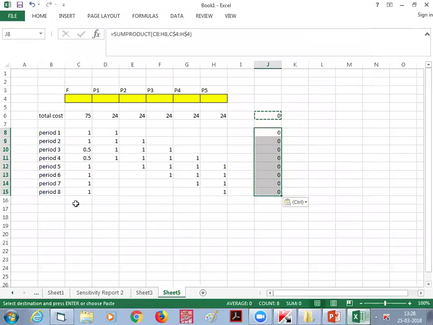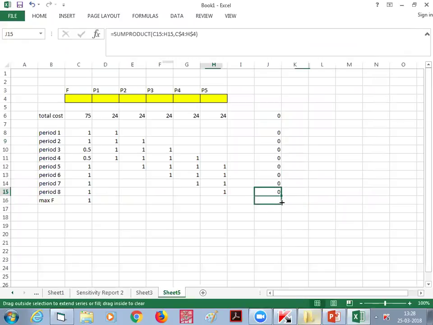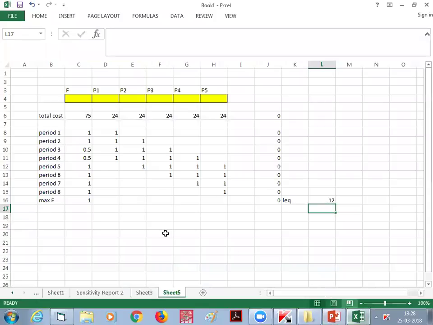Oh, that's not all the constraints. Then I think maximum full time is how much? Less than or equal to 12 also, right? So this is less than or equal to 12. And then there was one constraint about maximum part-time work, right? So maximum part-time work, PT hours, was how much?